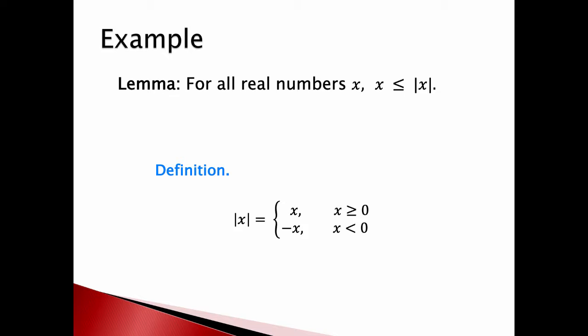Now this always looks really weird when people see it the first time. They go, wait a minute, absolute values make things positive. How could the absolute value of x be negative x? Well, look at it really closely. The absolute value of x is negative x if x itself is less than 0. In other words, if x is a negative number, the absolute value ought to make it positive. How do you make something positive?